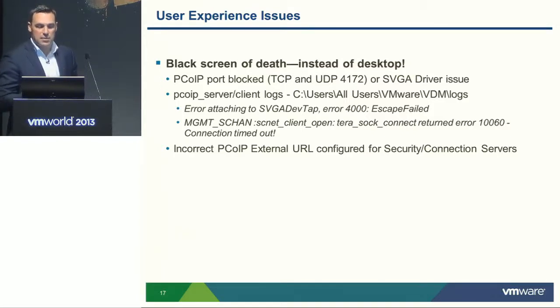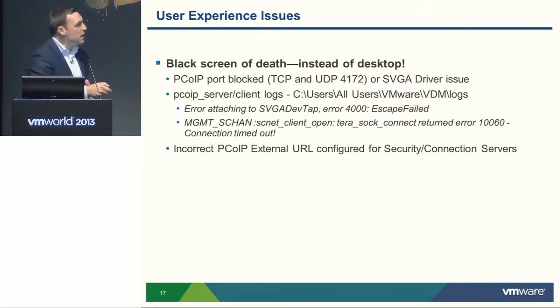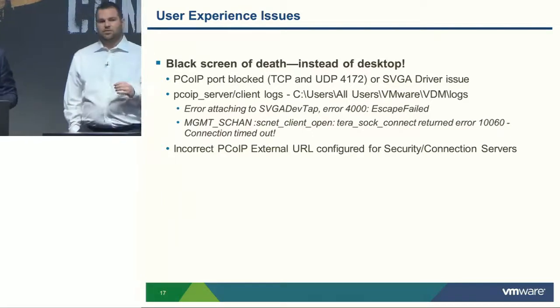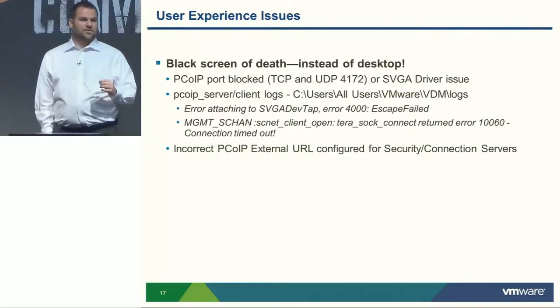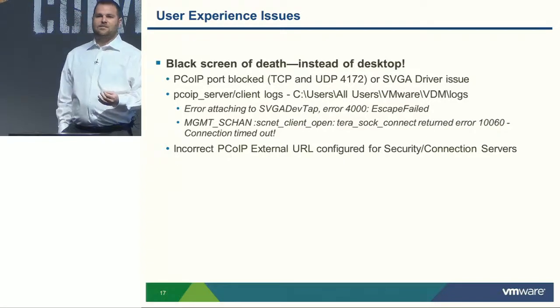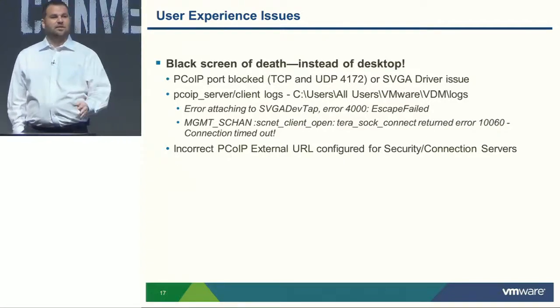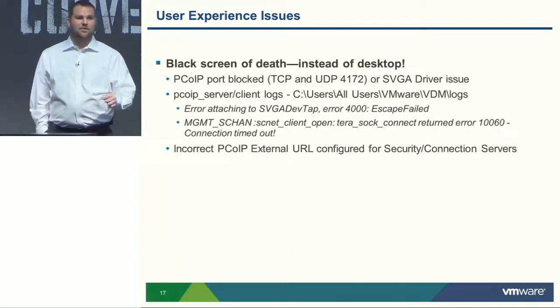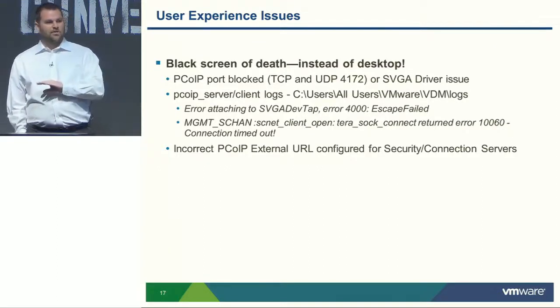And if there was an issue with the display driver, you'll see this SVGA DevTap error come up. 90% of the time when you have a black screen of death issue, it's because the UDP stream is not able to finish. You're able to connect into the desktop because everything else is set up correctly, but PC over IP, both the TCP and the UDP stream, are not able to communicate correctly.